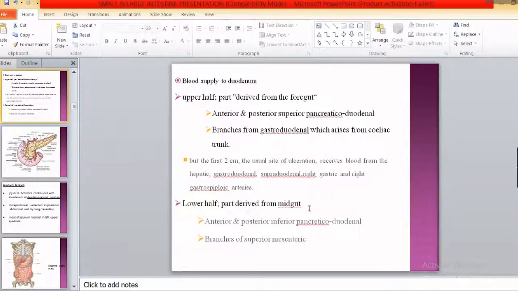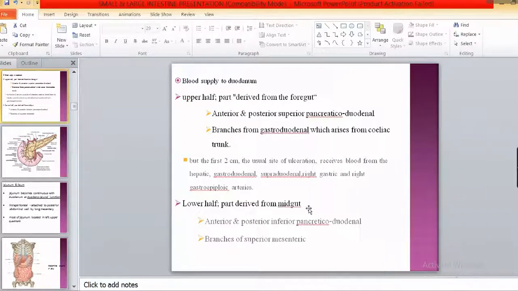Okay. Blood supply to the duodenum: the upper half, which is derived from the foregut, gets branches arising from the celiac trunk, and the lower half, which is derived from the midgut, gets branches deriving from the superior mesenteric artery.